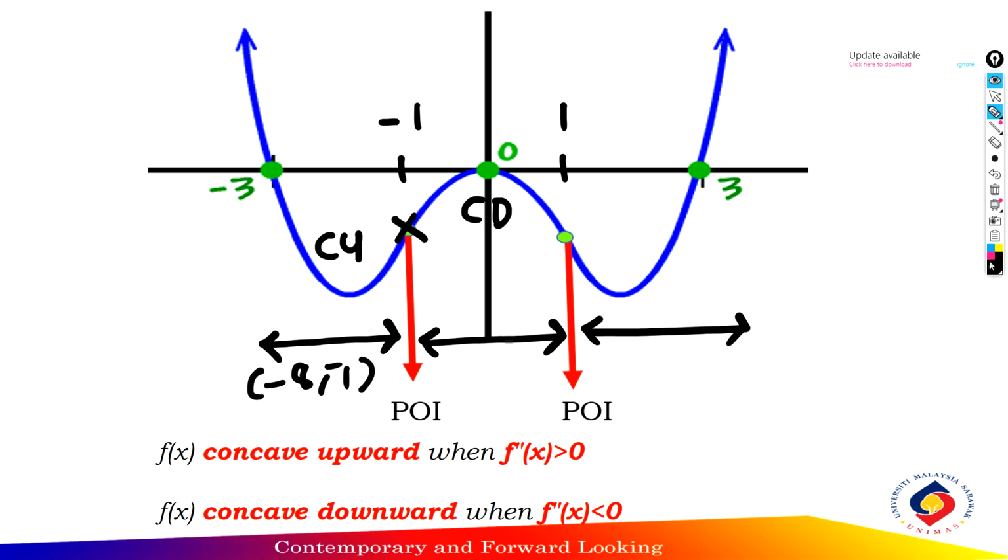You label the inflection point as POI, the first inflection point. And the second, after 1 to positive infinity, the graph is concave up, CU, and the inflection point is here.